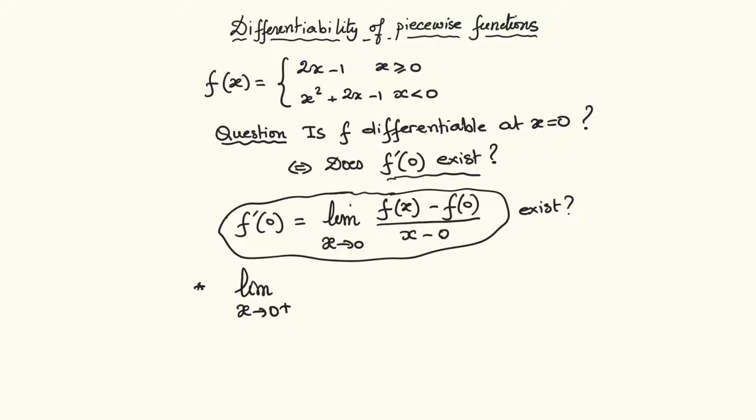from the right of this expression. So it's the limit as x goes to 0 plus, basically, which means that x is greater than 0. So I need to look at the first expression for the function.